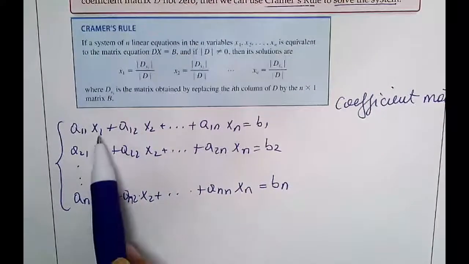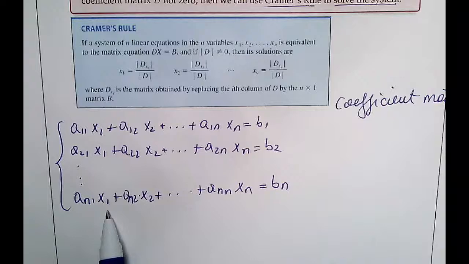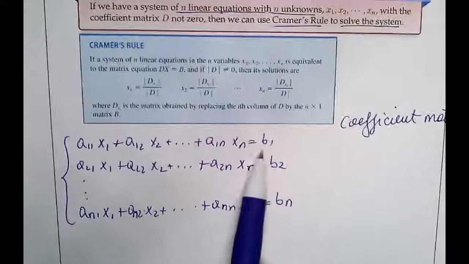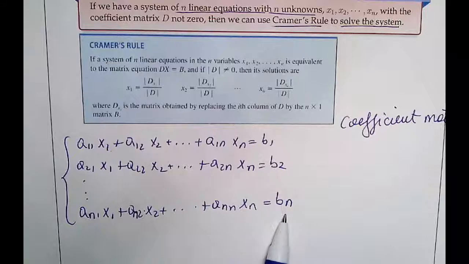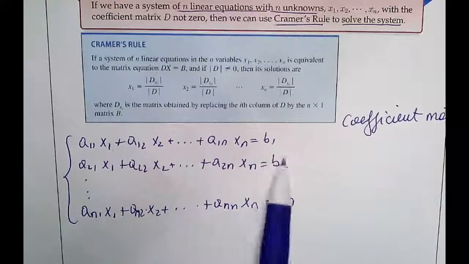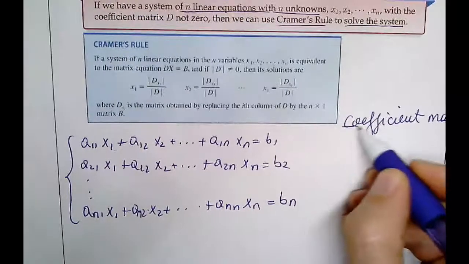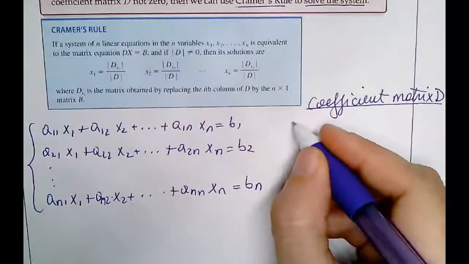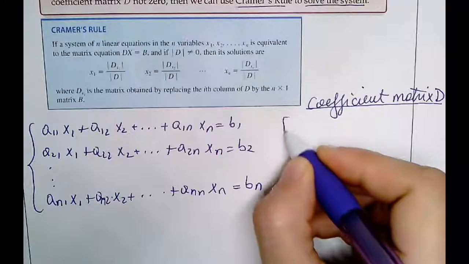I have a system of n equations with n unknowns, x1, x2, xn, and these are the constant terms. For this system, the coefficient matrix, which we want to call D in this case, remember from last time, what is the coefficient matrix?